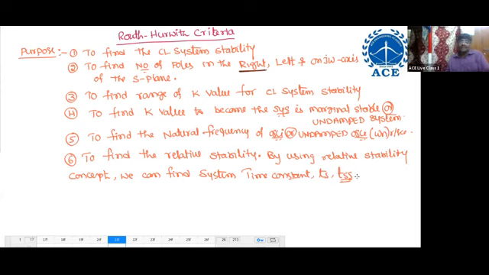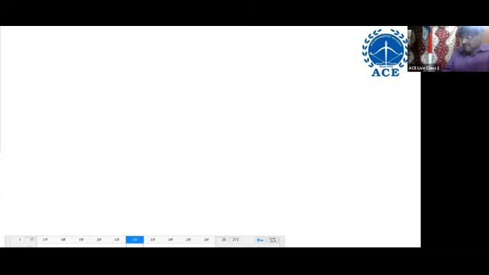Okay. Next. To find the closed loop system stability, there are actually 4 techniques. Listen, all of you, it is very important.